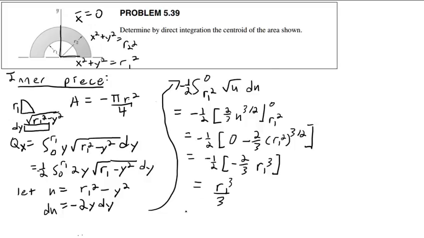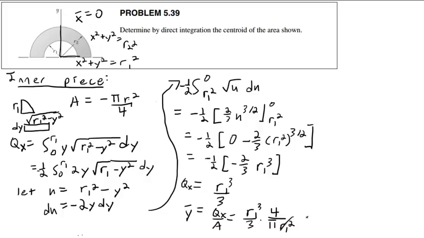And then x bar, or actually y bar, and again this is qx. Let me write out where this is coming from. Y bar again equals qx over A, which will be equal to R1 to the 3rd over 3. I'm going to just multiply by the reciprocal, 4 over pi R1 squared.